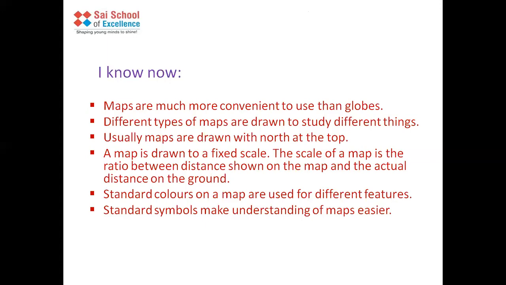A map is drawn to a fixed scale. The scale of a map is the ratio between distance shown on the map and the actual distance on the ground. Standard colors on a map are used for different features, and standard symbols make understanding of maps easier.